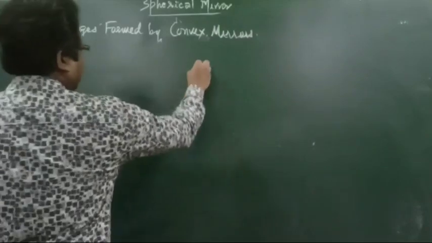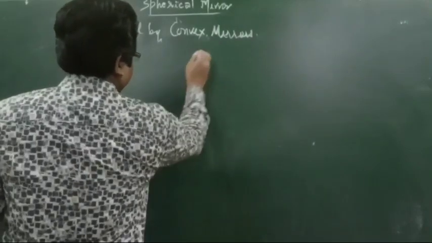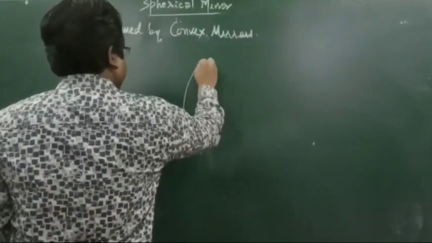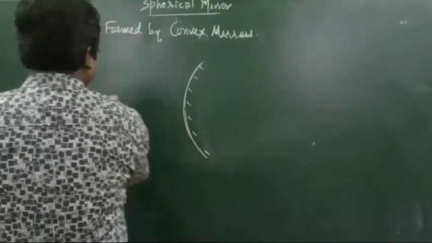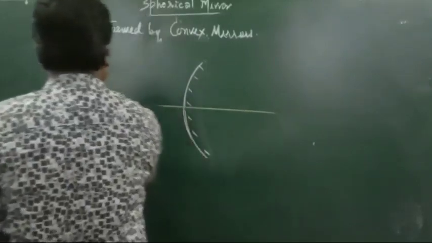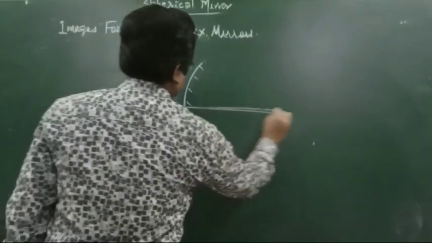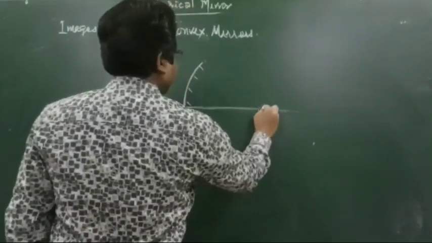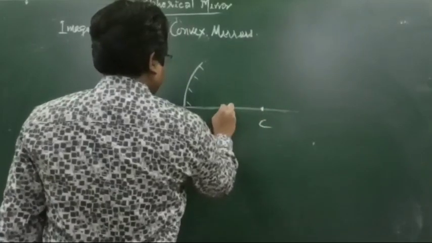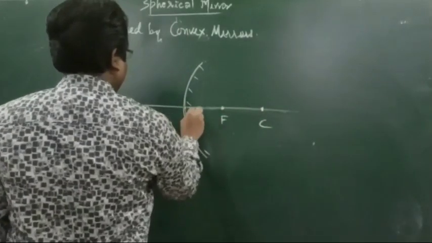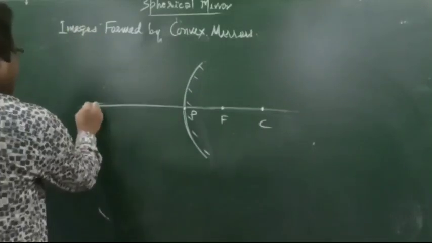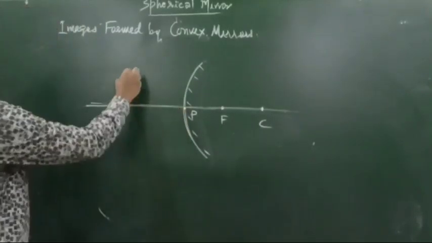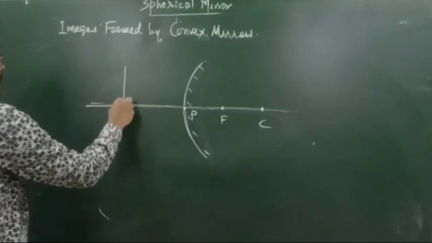Now, if I take a convex mirror this way, principal axis, the center of curvature, focus, pole. And suppose in front of the mirror there is an object AB.